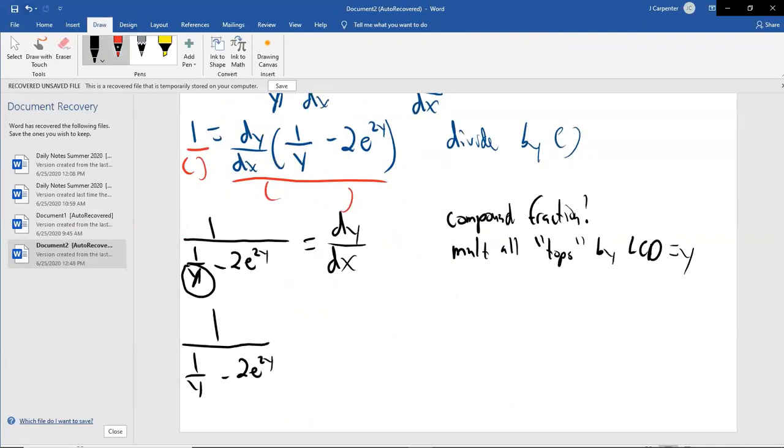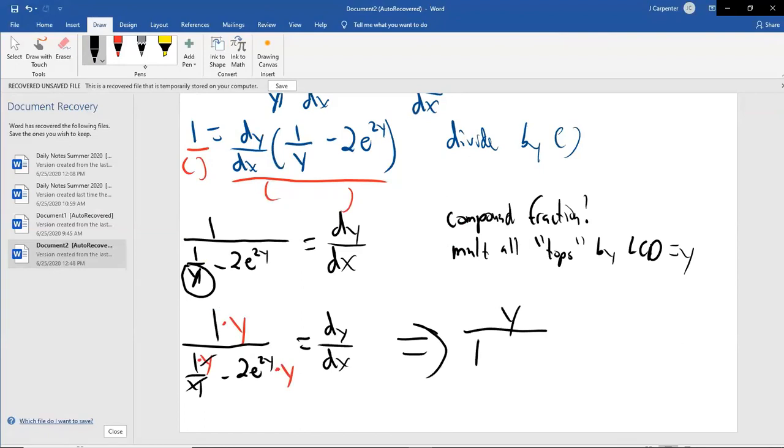We're multiplying the top one by a y, this one by a y, and this thing by a y. And that's still equal to our dy over dx. The reason we do that is so these y's cancel right here. We want those to go away so there is no more compound fraction. So what we get for our final answer in the top is just a y over.